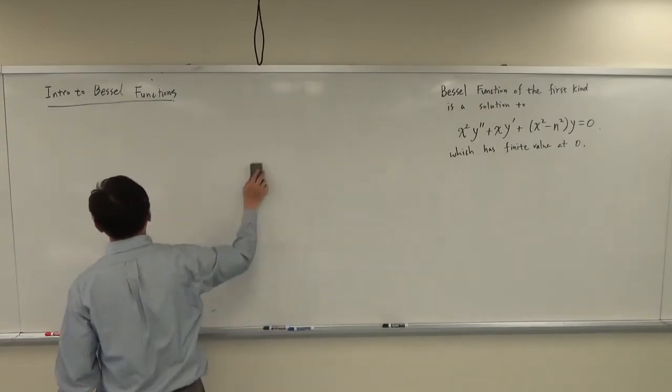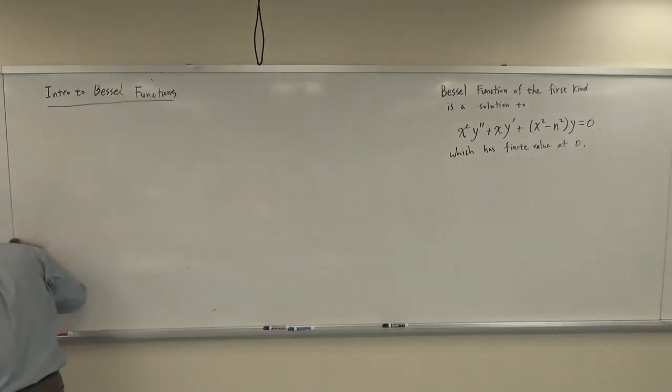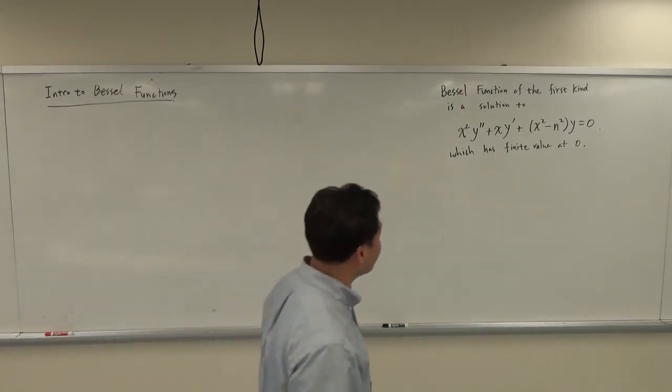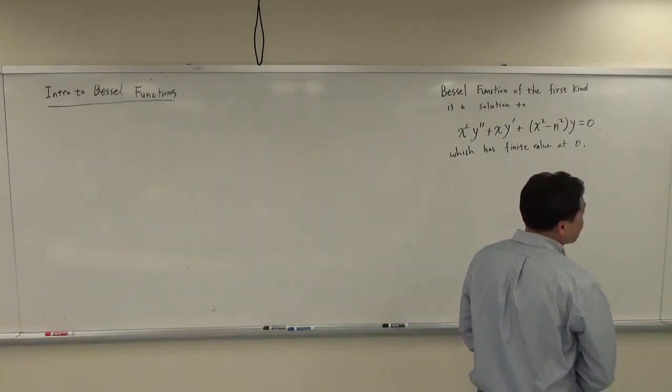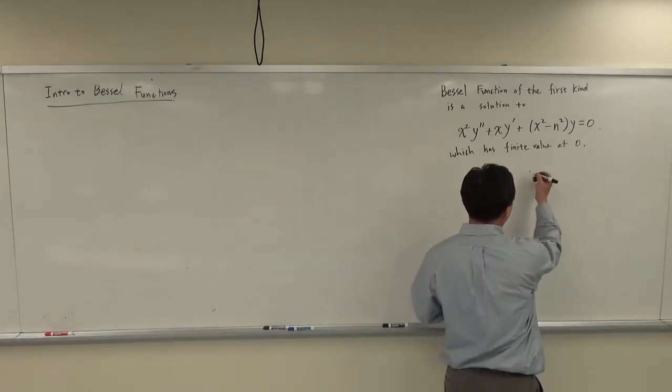We will actually derive this once we get a better idea of what a Bessel function is. But to get a better idea of what this function is, let's just do one. Let's just say n is 2.